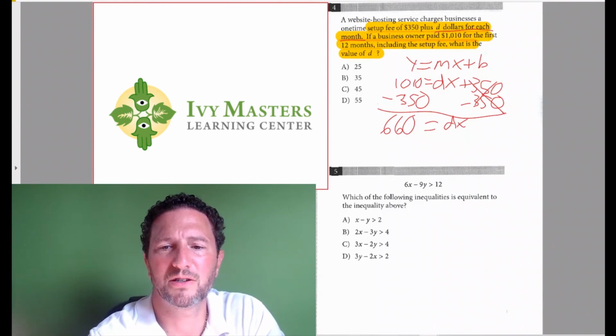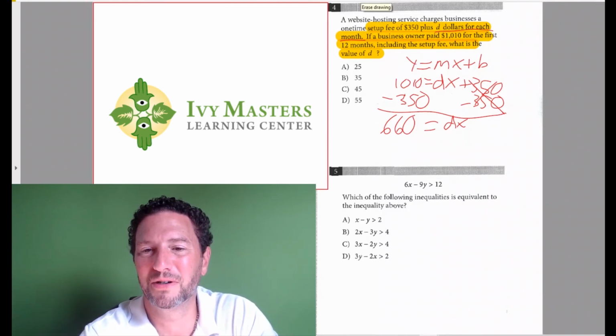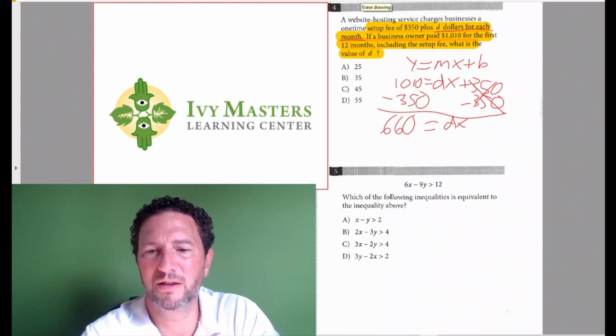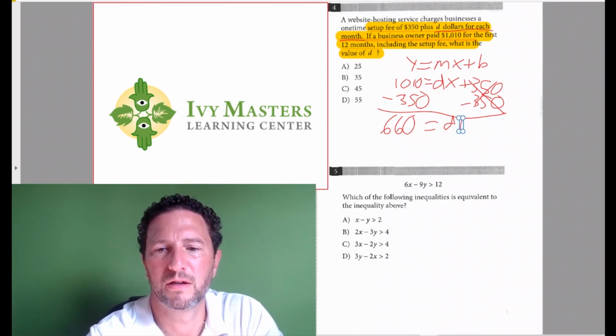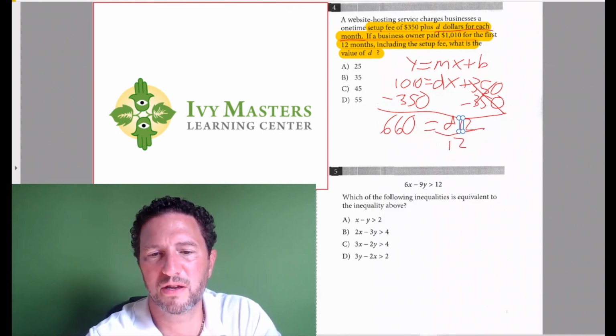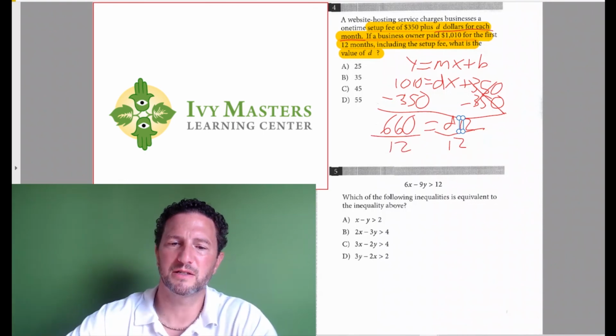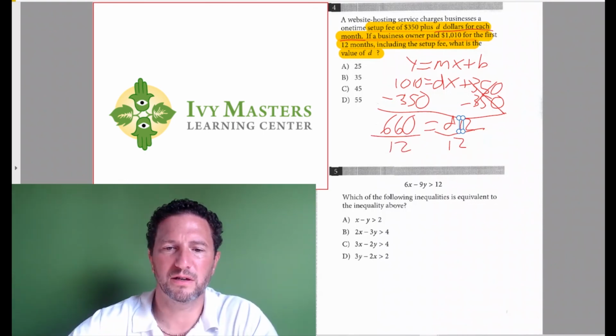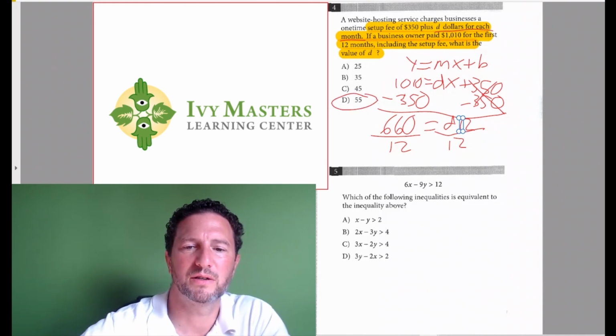Oh, actually, one thing that I did not do is I did not put my 12 in for x. So I'm going to put that right here. So now it's 12D, is usually what you see, D12, same thing. Divide both sides by 12. It looks like I'm going to wind up with 55.